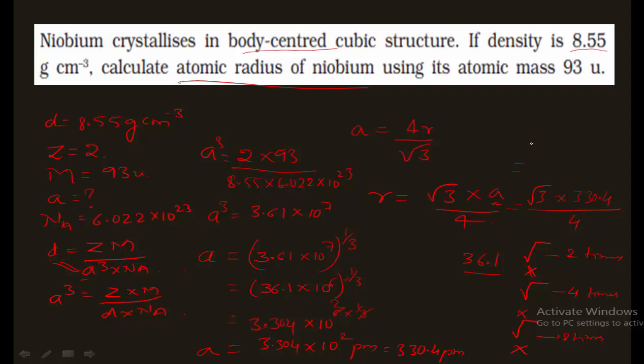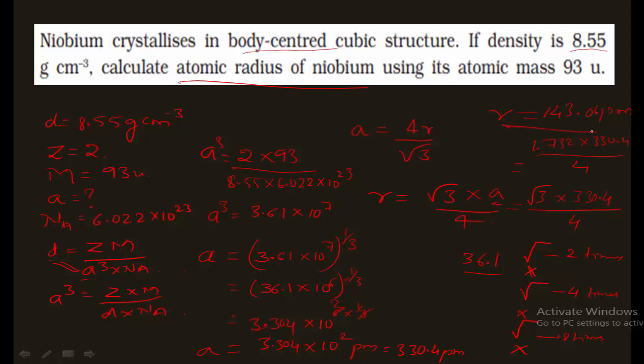Square root of 3 is 1.732 into 330.4 divided by 4. On simplification, how much we will get? 143.06 picometer, or we can say 143 picometer.